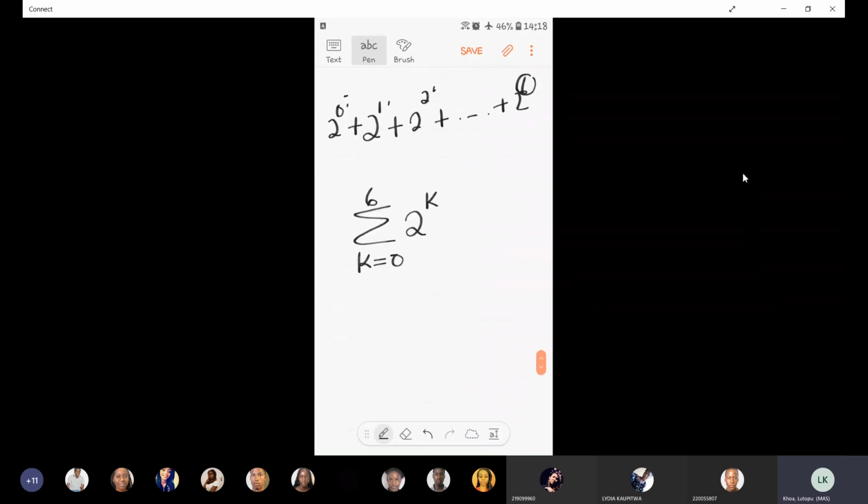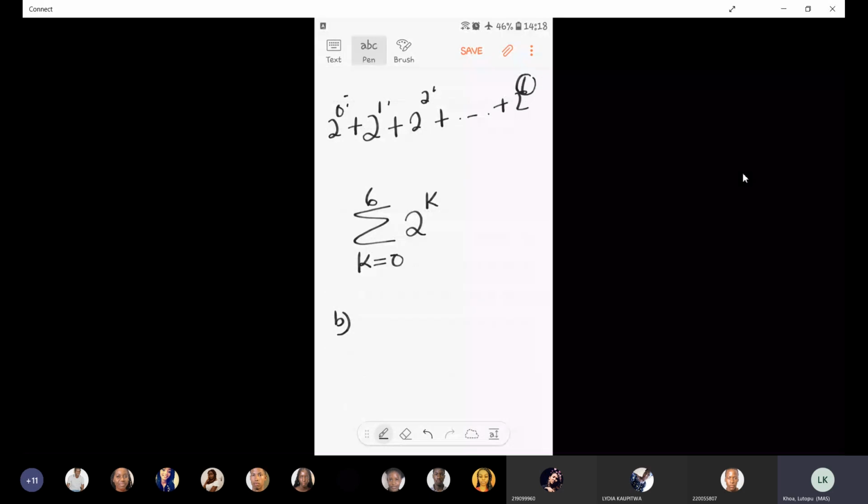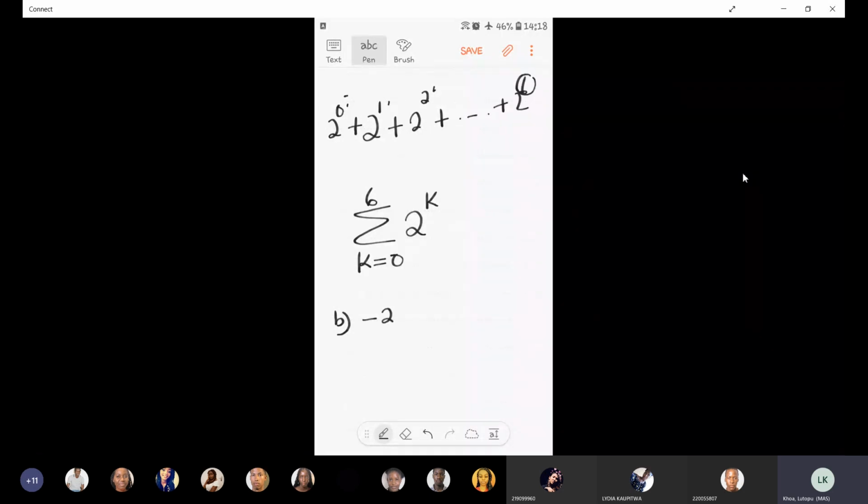Okay, let's look at another one. We have negative 2 plus 4 minus 6 plus 8 minus 10. So this is an example of an alternating series. It's alternating because the signs of the terms are changing.